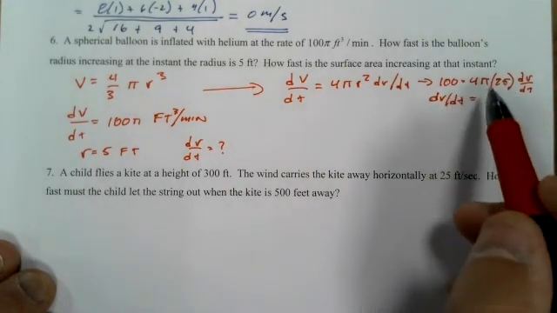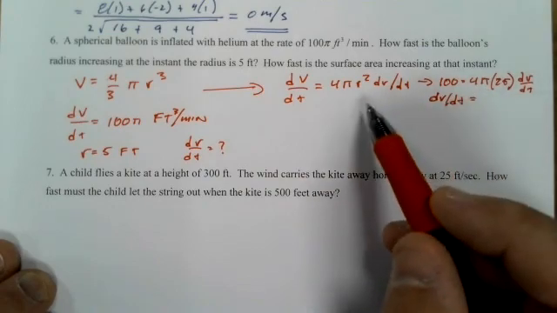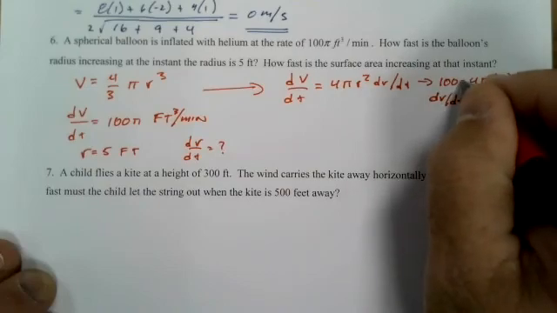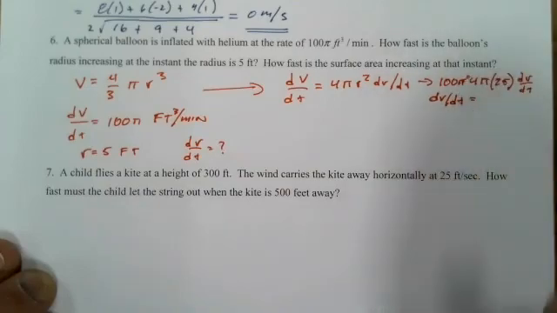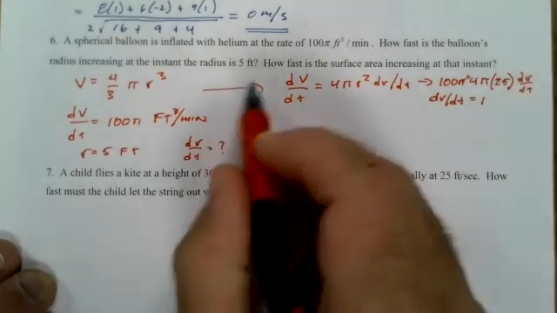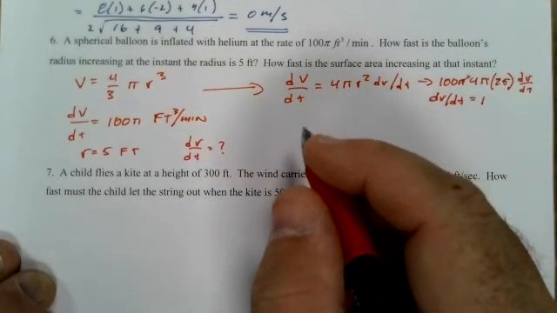Oh, wait, there's a pi in there too. That's 100 pi, my bad. 100 pi. So yeah, they all cancel out. We get 1, what are we looking at? Foot per minute.